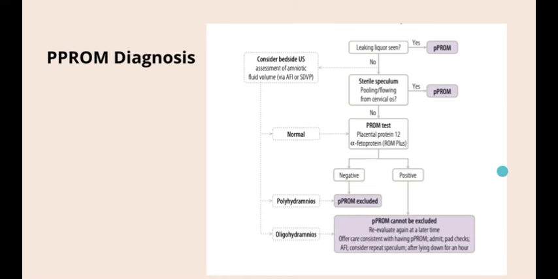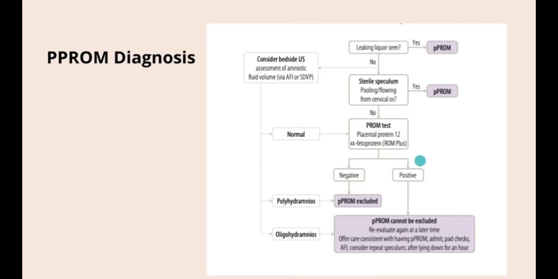So here is a flow diagram from the MOGIG guide about how PPROM can be diagnosed. As I said, usually it's a clinical diagnosis. So if you see liquor straight away, you can diagnose PPROM, but if not, you can do a sterile speculum.